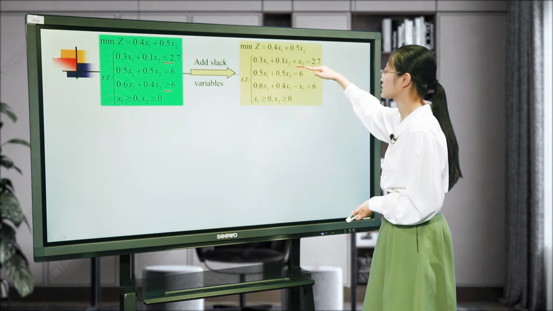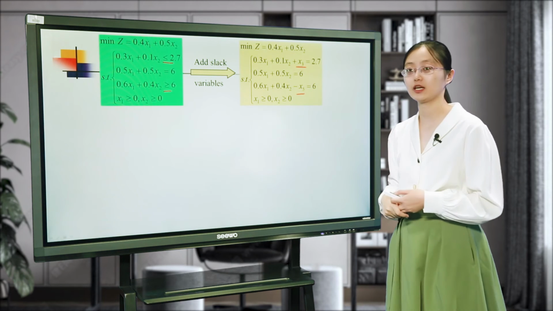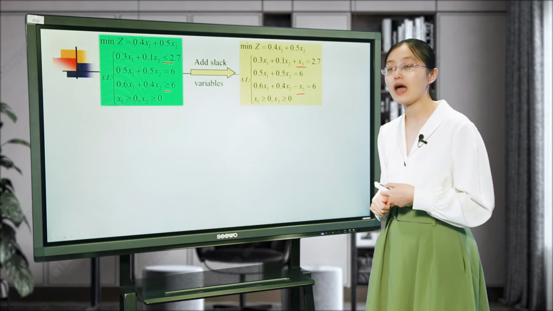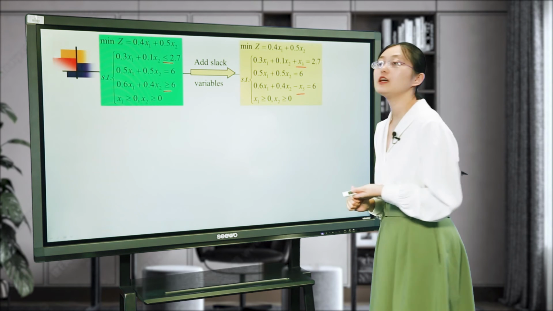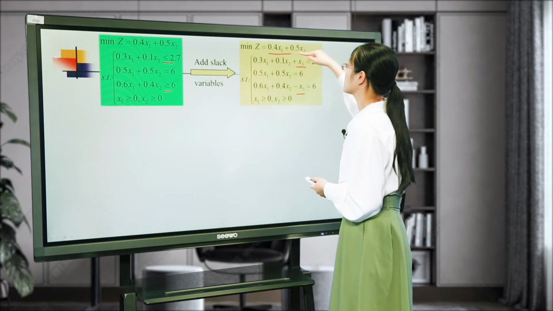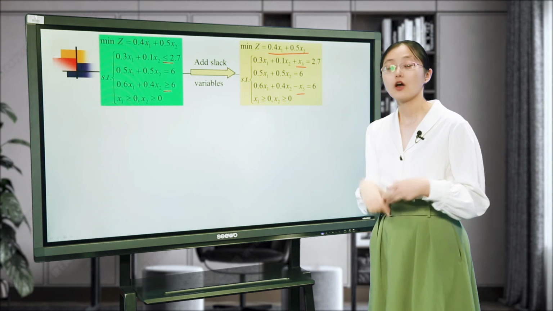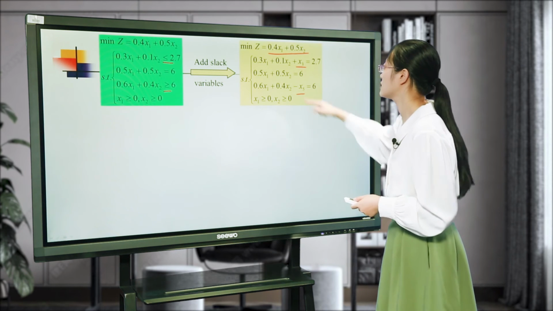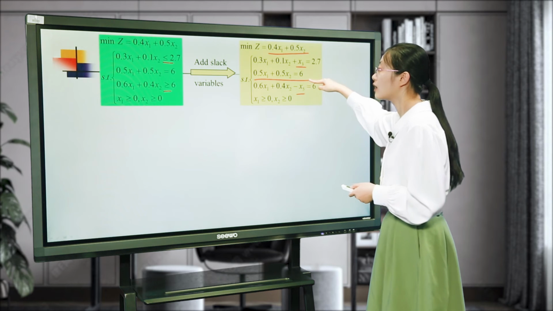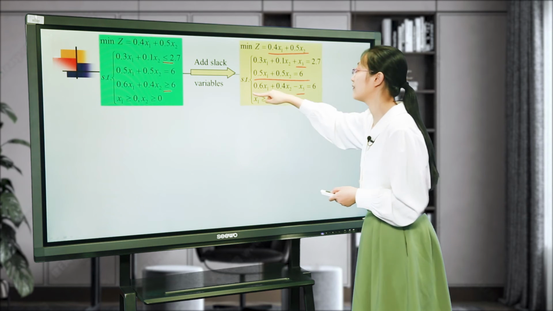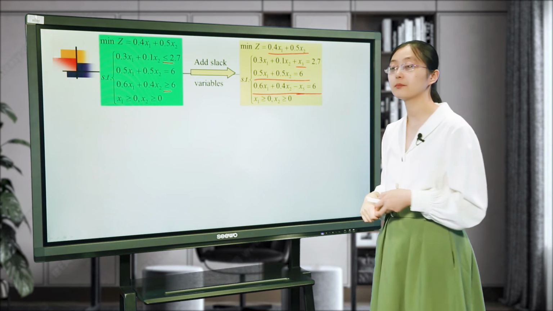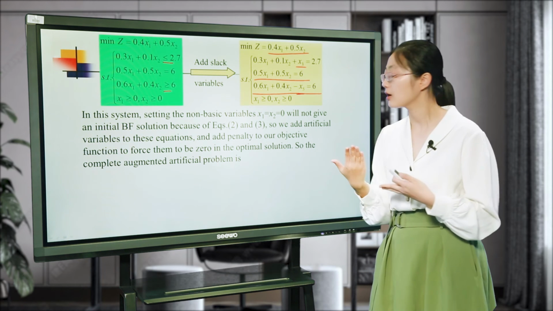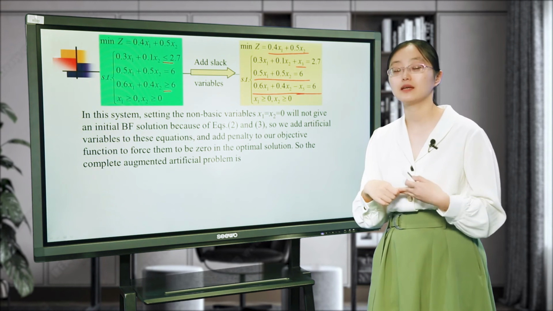We have plus x3 and minus x5 for each because we want all the variables to be non-negative. However, at this point, even if we set the decision variables to be zeros, we still cannot find the initial obvious BF solution because of the equation constraint, constraint 2, and constraint 3, which is bigger than or equal to. So we have two constraints with problems.